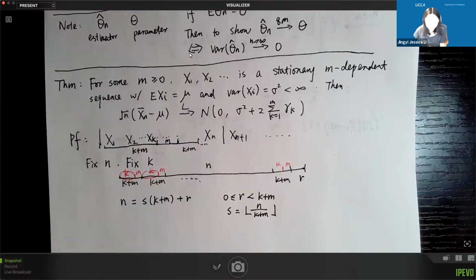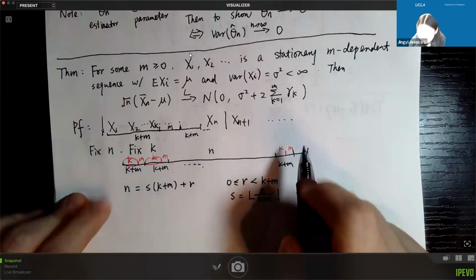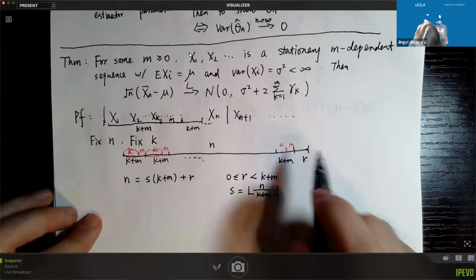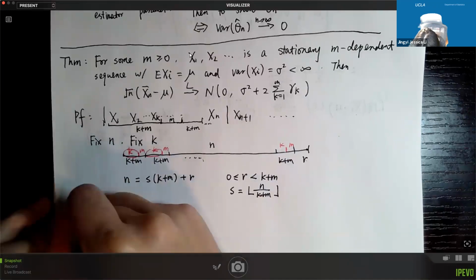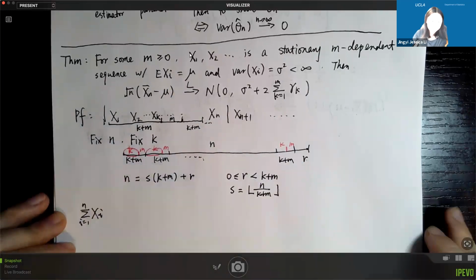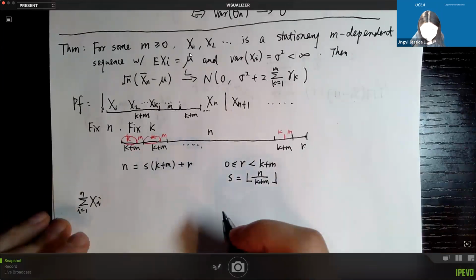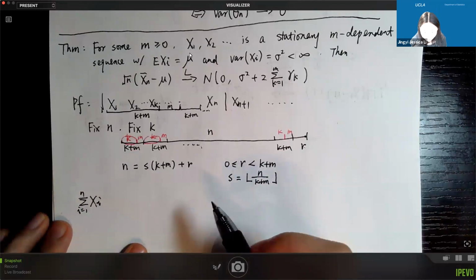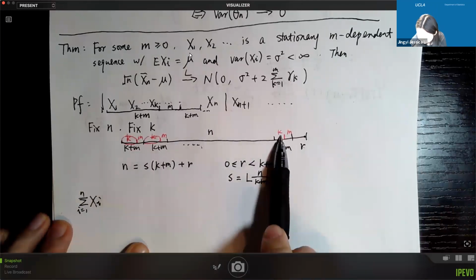So basically, I can rewrite the summation of x1 to xn. Don't forget the whole length is n, okay? So I can write the summation of xi, i from 1 to n, into three parts. The first part is the partial sums of the k segments.